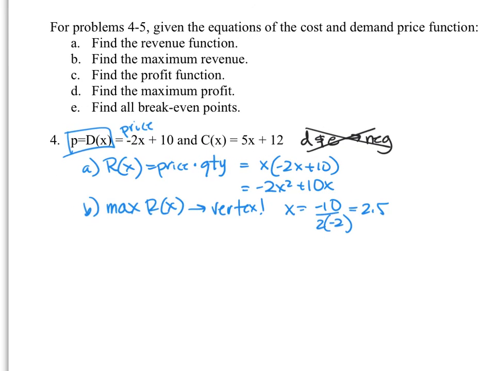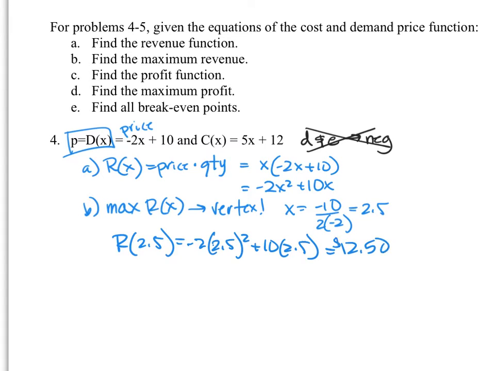So the next thing we need to do is plug that in to figure out what the output value is. So we're going to have negative 2 times 2.5 squared plus 10 times 2.5, and when we figure that out, we end up getting 12.5.